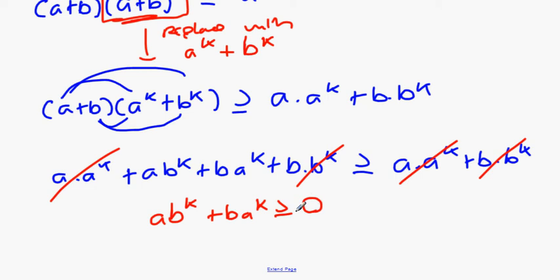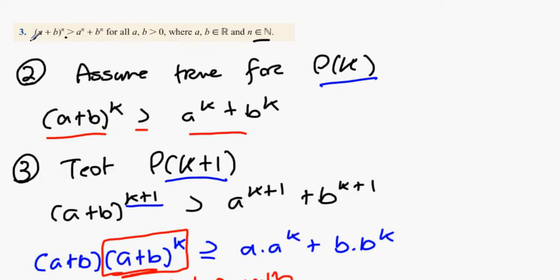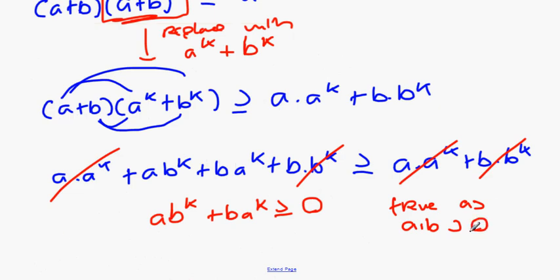Now, this is true as A and B are bigger than 0, because we're told they're bigger than 0, and K is bigger than 0.